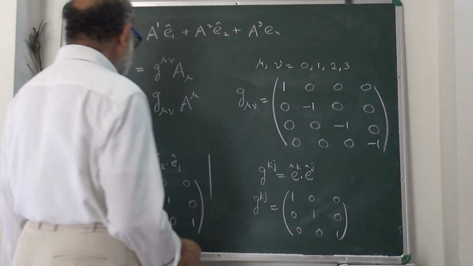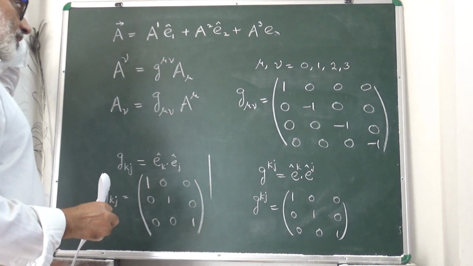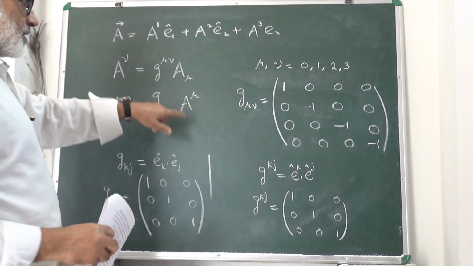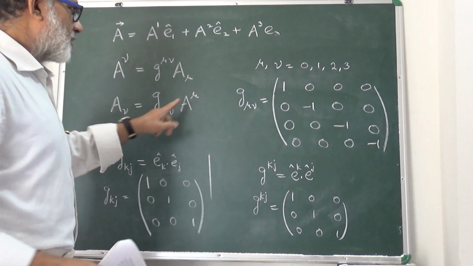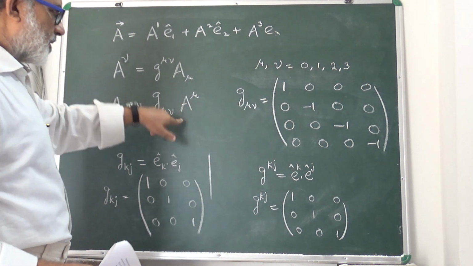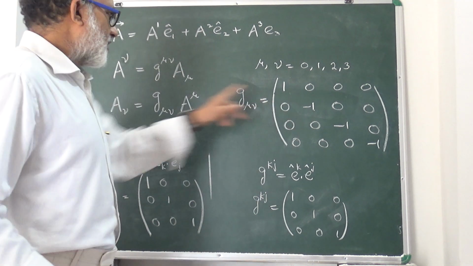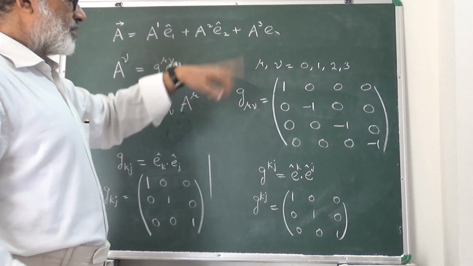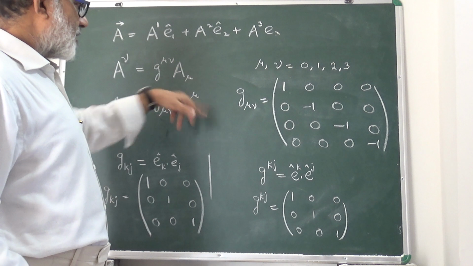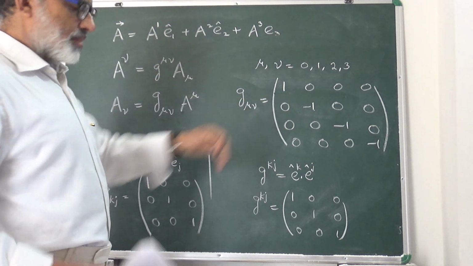If you work it out, you will get the first component as A0. The next component will be minus AX, then minus AY, then minus AZ.